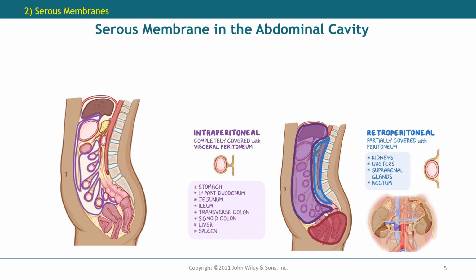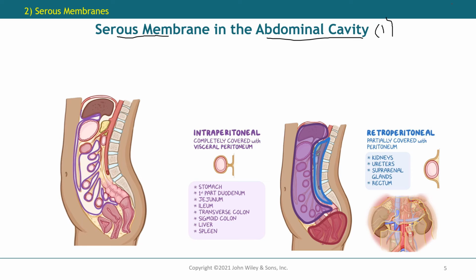Okay, so now we're going to talk about the last serous membrane, the one located in the abdominal cavity. Remember there are three serous membranes: one is the pleura, in the lungs, the other one is in the heart, that is the pericardium, and here you have the peritoneum.